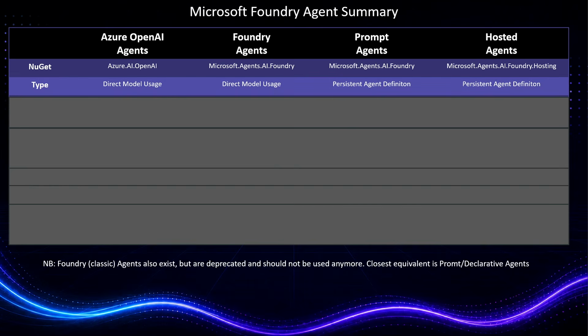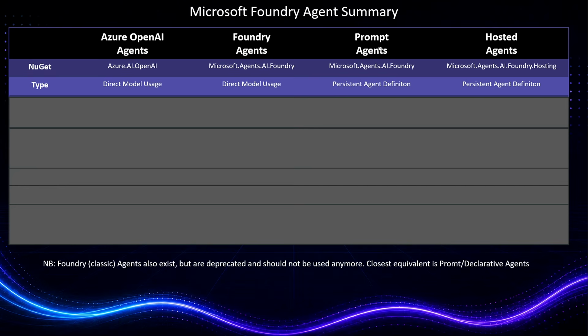The type is essentially what we just saw, that Azure OpenAI agents and Foundry agents are direct model usage, meaning the agent is defined in memory. When your process dies, your agent dies. There's nothing saved or anything. And if you need to save anything or do traces or anything, it's your job to do that in your code.